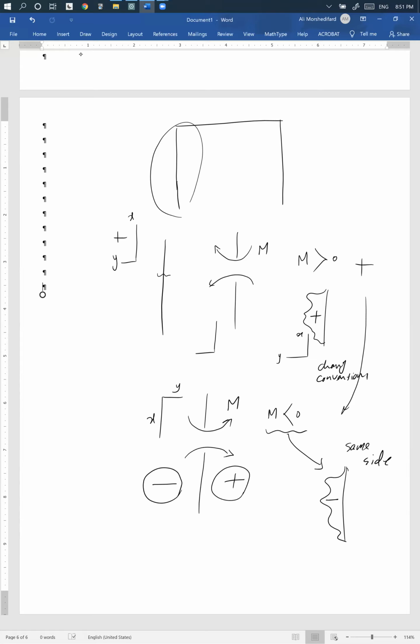So you're going to be fine with this convention. Your moment automatically ends up on the compressive side. So Richard, does that answer your question?